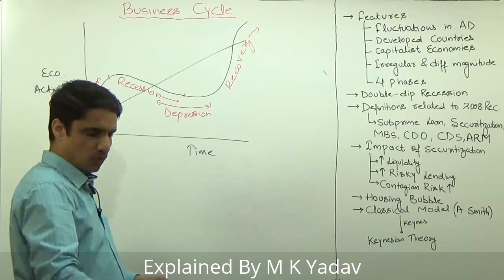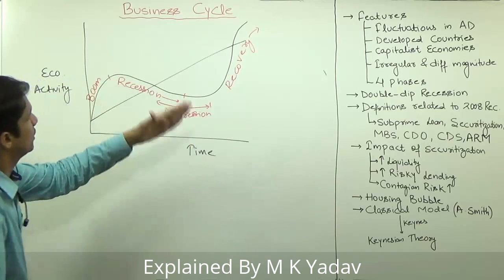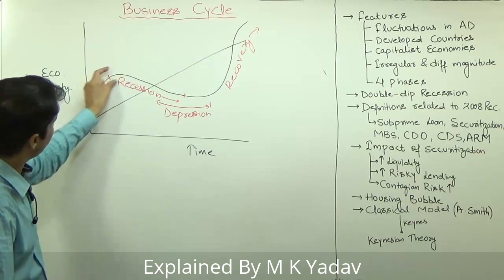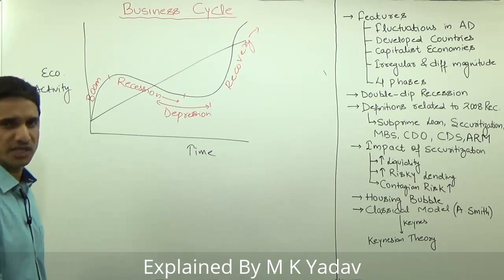So these are the four phases of the business cycle. The first phase is boom. Boom means the upswing phase of the business cycle is known as boom.